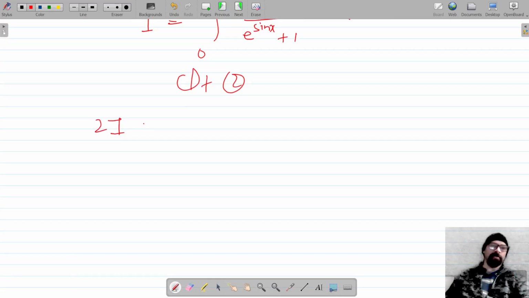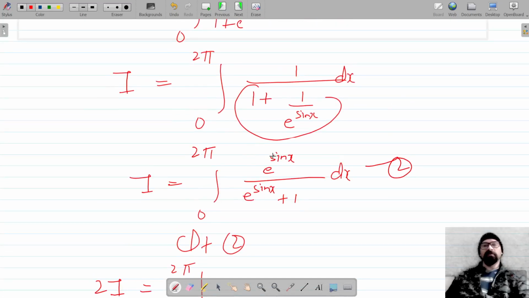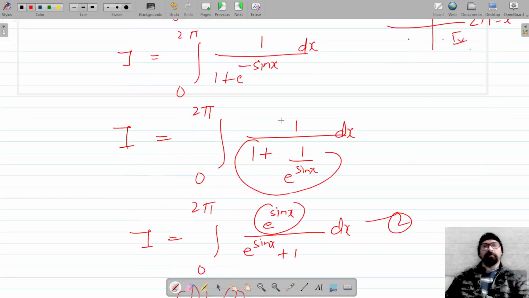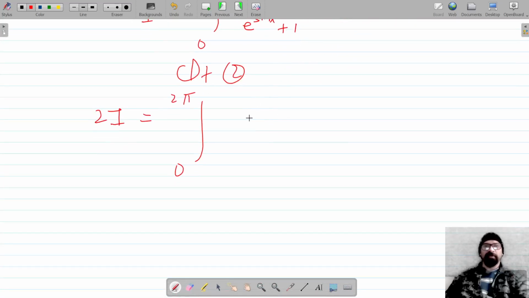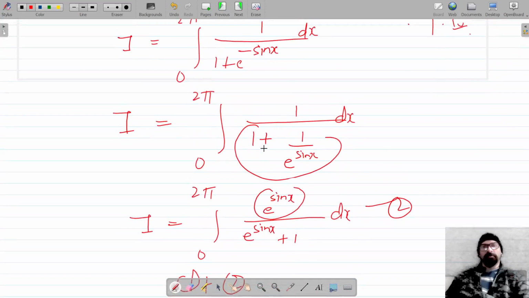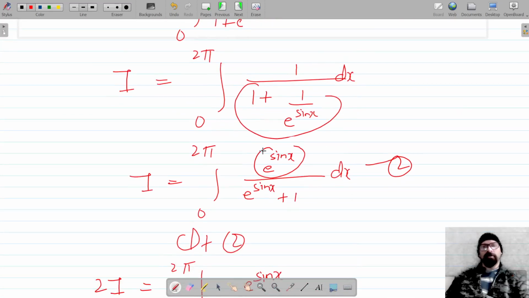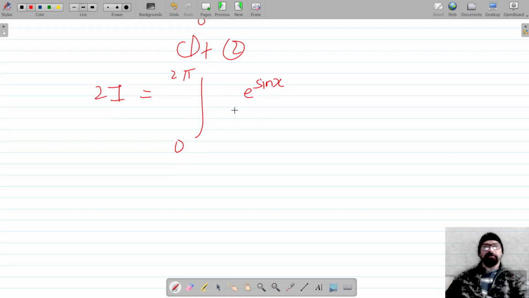So 2I becomes 0 to 2 pi, e raised power sine x and 1 upon e raised power sine x, so this is 1 plus e raised power sine x into dx.